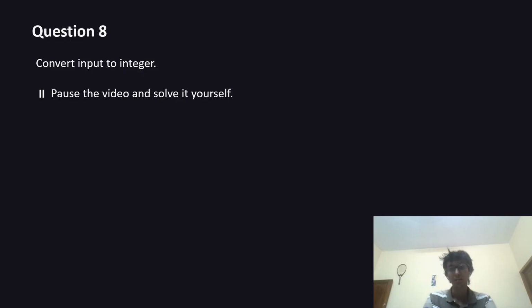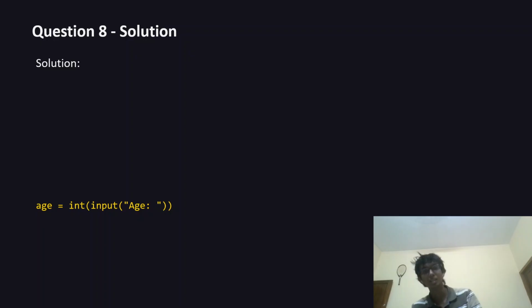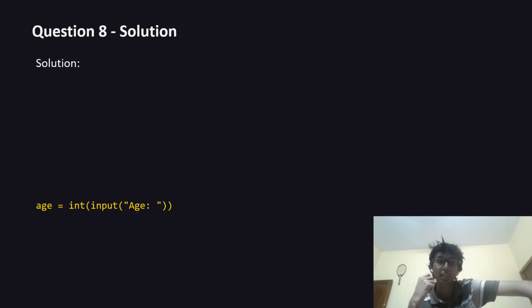Enough time. Time to go to the answer, which is nothing but input age. So basically, when you want a particular integer to be taken as input, we just take int of input. We declare variables first.